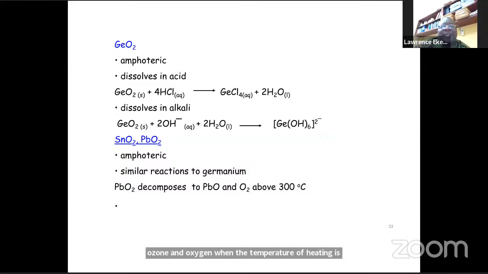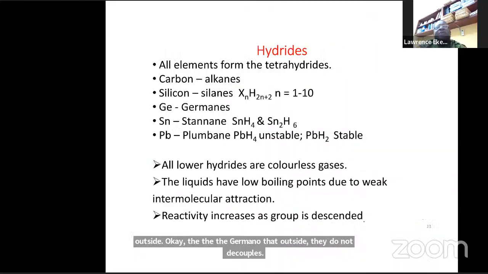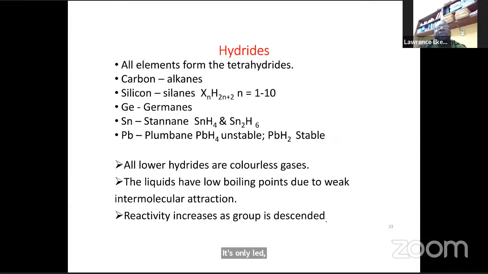This particular characteristic is peculiar to lead dioxide. Germanium dioxide and tin dioxide do not decompose. It's only lead dioxide that decomposes at above the temperature of 300 degrees Celsius.